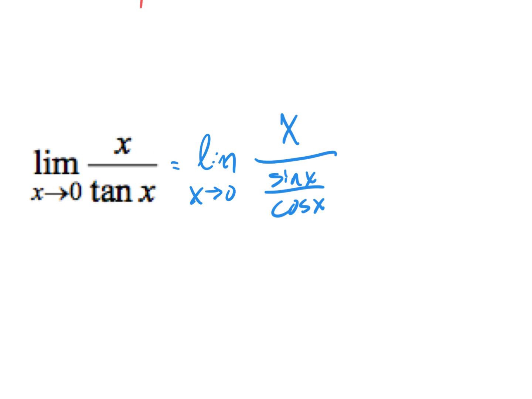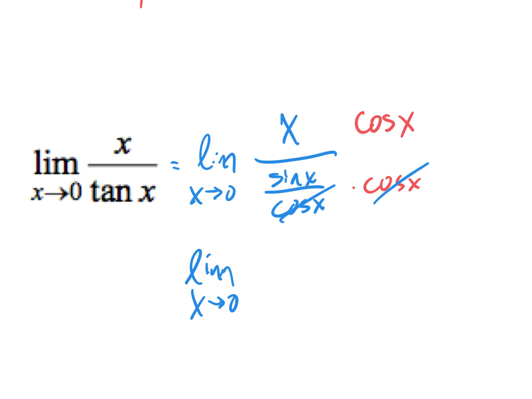We could multiply this by cosine x on top and bottom, the common denominator, cosine x. Okay, that cancels these out here. And so this is equal to the limit as x goes to 0 of x cosine x all over sine x.